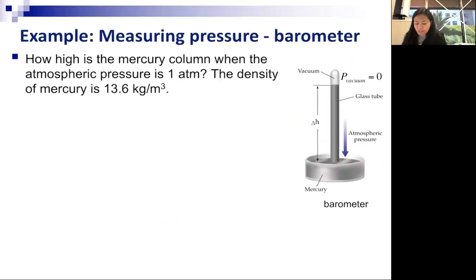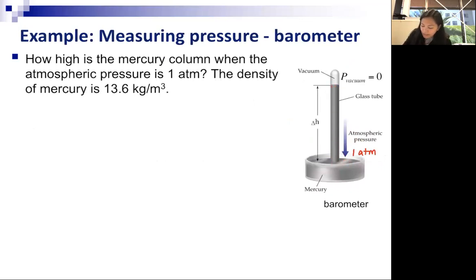So say, for example, 1 atmosphere of pressure is pushing down on the mercury in the container. How high will the mercury in the column go? In other words, 1 atmosphere of pressure pushing down on the mercury in the container will cause the mercury to push into the tube.